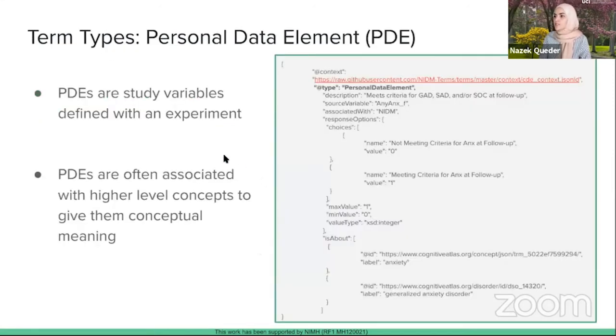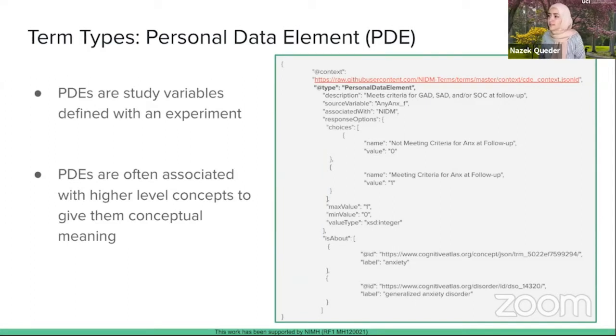So let's start with the personal data elements, or PDEs. As I mentioned, they're study variables that are defined within an experiment, and they're typically associated with higher level concepts. For example, in the JSON-LD representation on the right side of the screen, the source variable or the term is ANXIETY_F.